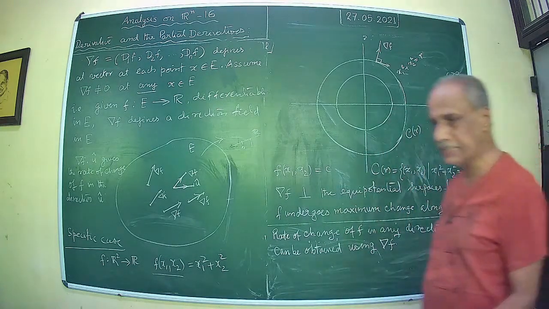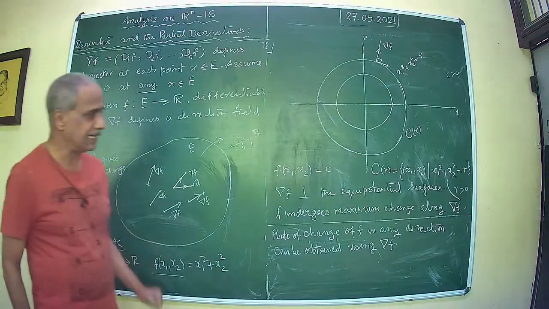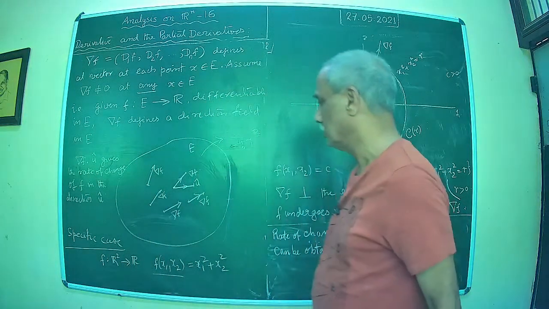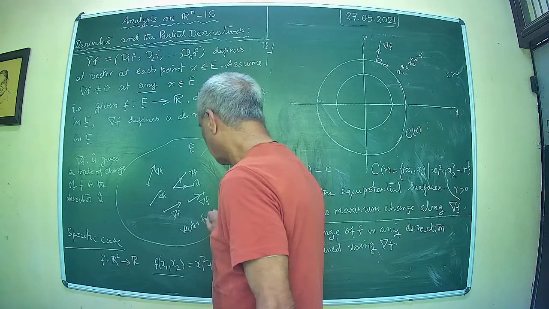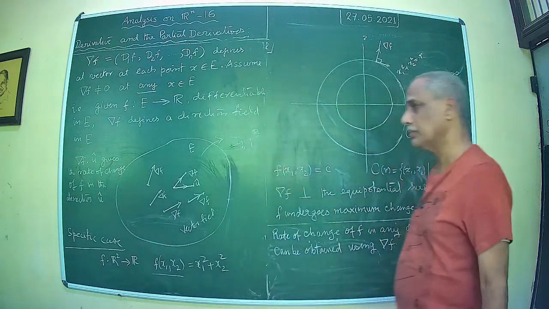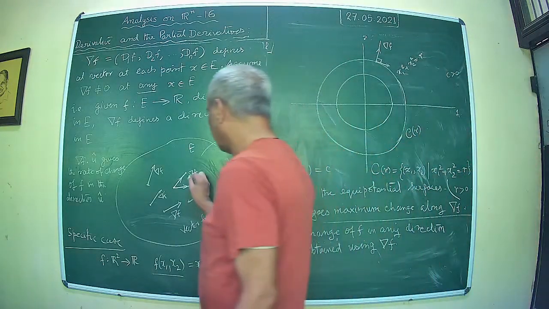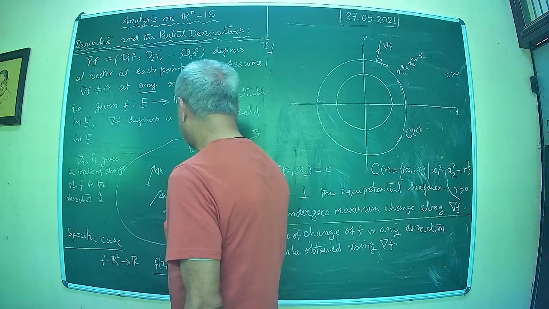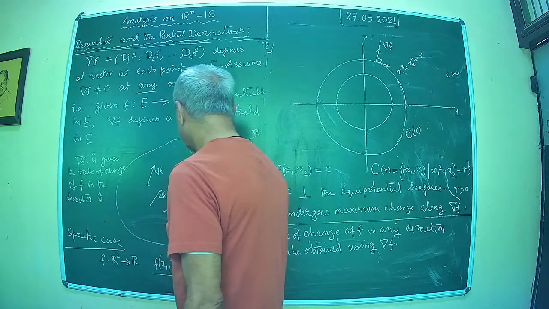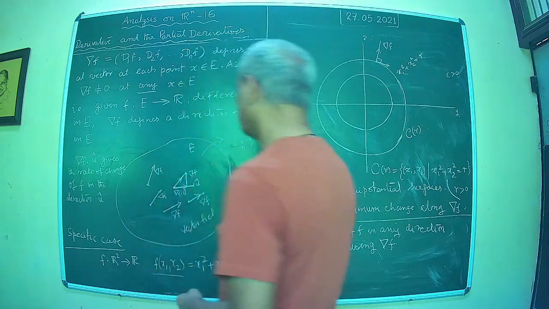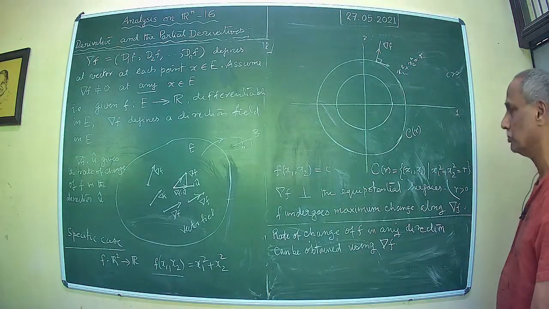So grad f carries two pieces of information: there is a magnitude as well as a direction. So it's a vector field that you have. In some cases it becomes the velocity field. And one can measure the rate of change in a direction by simply projecting along it. So you take grad f dot u hat. That will give you the rate of change of f in the direction u.